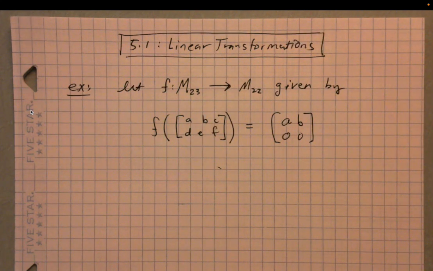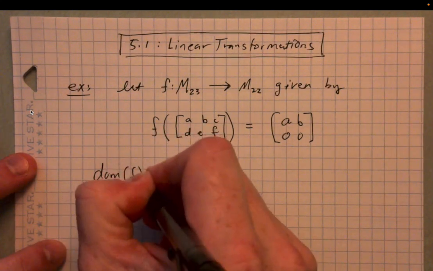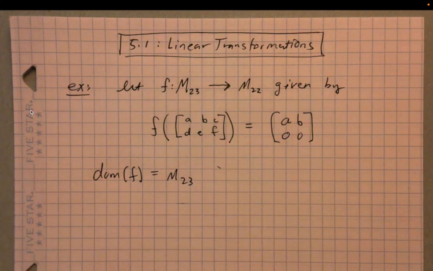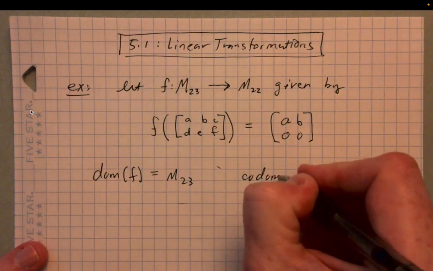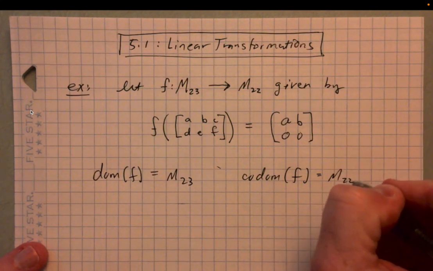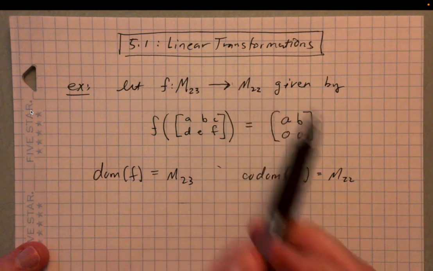So what is the domain of f? Well, the domain of f is M23, right? And what's the codomain of f? Well, the codomain of f is M22, right? So we start in the domain, M23, and map it into this codomain, M22.